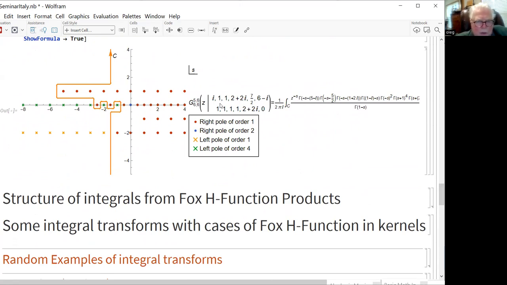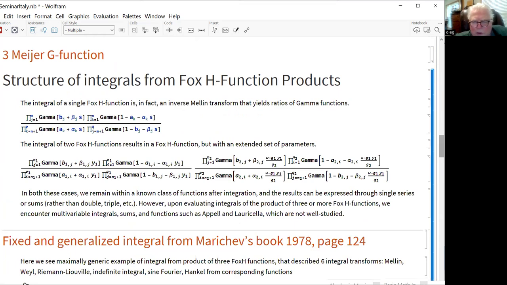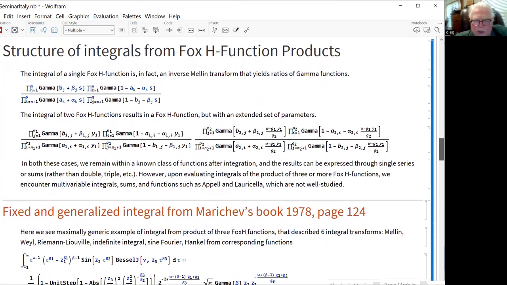You see the function representable through gamma functions. You see how the contour goes when we have sets of poles and so on. Now, it's enough for the presentation of these two functions.